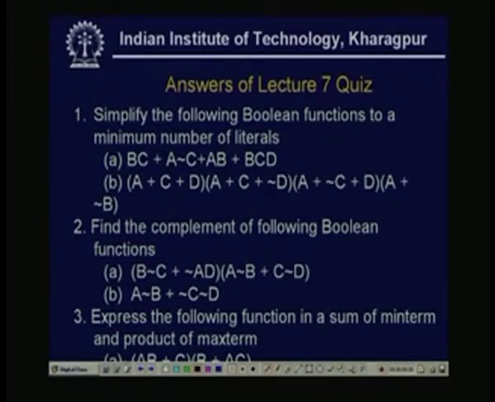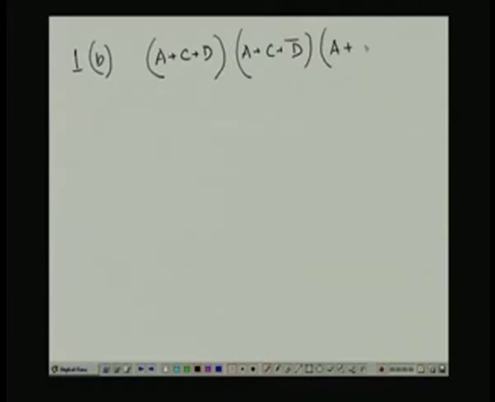So, again, this is A plus C plus D, then A plus C plus D bar, A plus C bar plus D and A plus B bar.